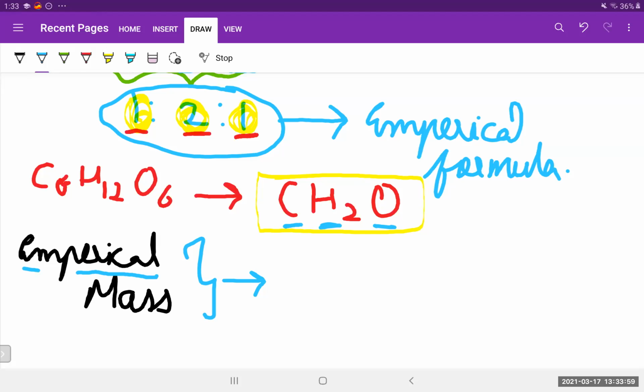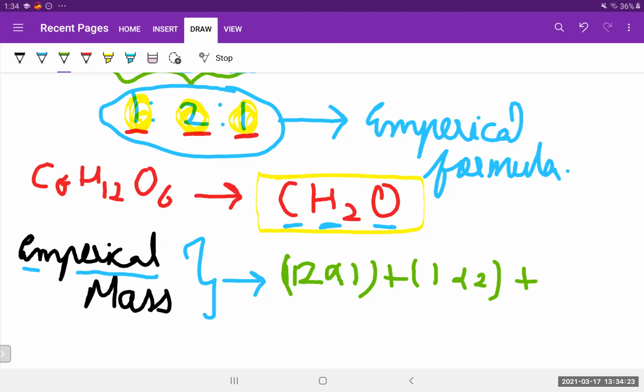So what is the mass of one atom of carbon? Who will tell me? 12. It's 12. So only one carbon is there, so 12 into 1 plus. Now next, what do we have? We have hydrogen. So it will be 1 into 2, because 2 hydrogen is present.